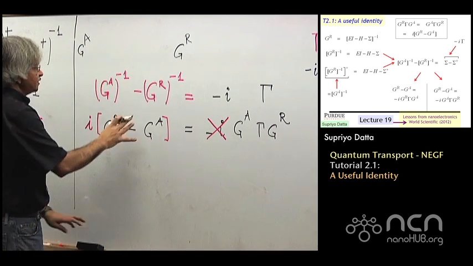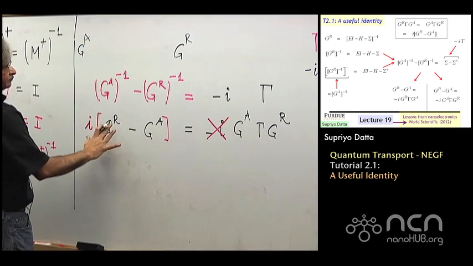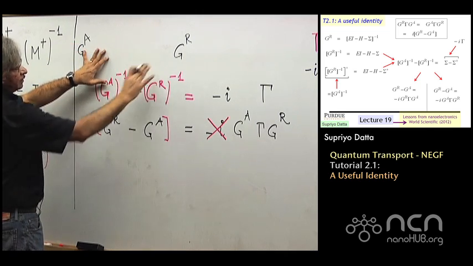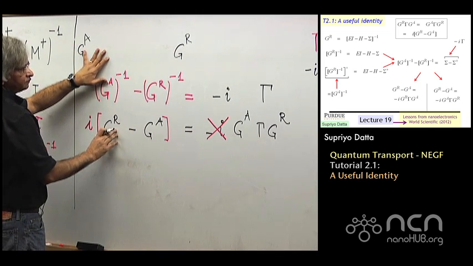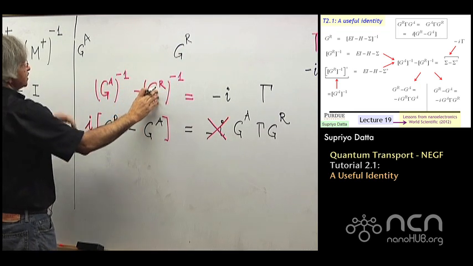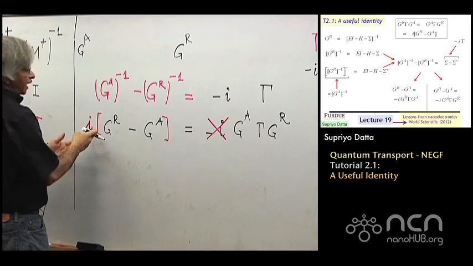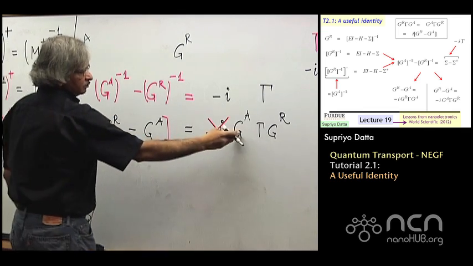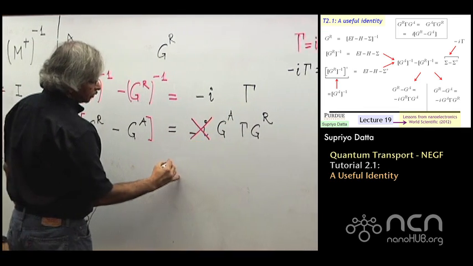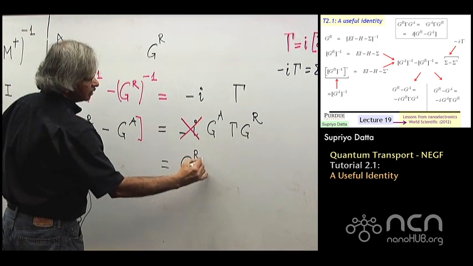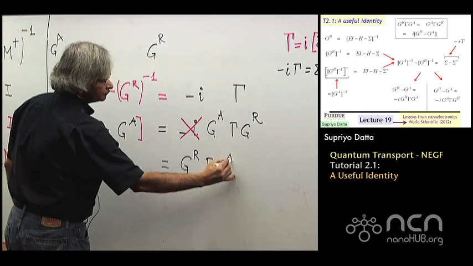But on the left-hand side, you see it makes no difference, because GA inverse gives me I, and I'm just left with the GR. And GR inverse gives me I, and I'm just left with the GA. So, I times GR minus GA is equal to GA gamma GR, and I had already proved a minute ago that this was equal to GR gamma GA.